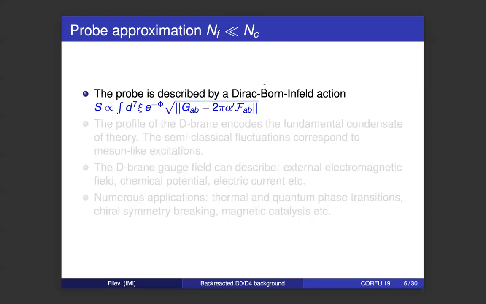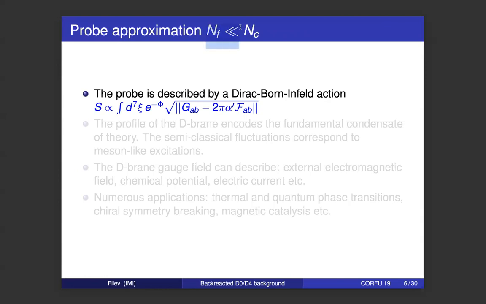That's the idea. The proposal is you consider the Dirac-Born-Infeld action, which describes the probe D7 branes in AdS5 cross S5 spacetime. And the physics, whatever you get, should be dual to flavored N=4 super Yang-Mills. But there is a caveat here, and this is the probe approximation. It's only allowed if you don't backreact on the background, and that corresponds to the so-called quenched approximation in the field theory.